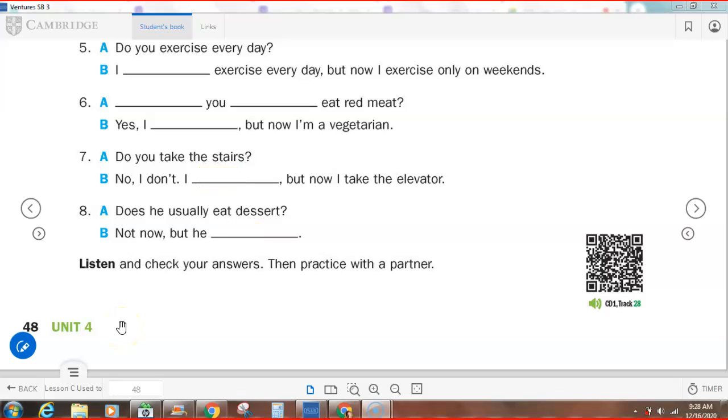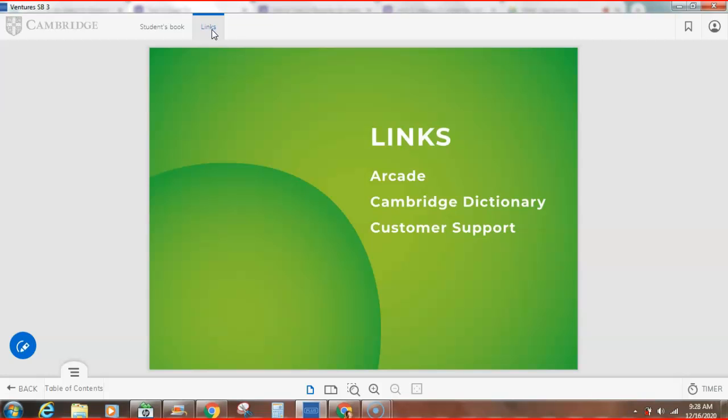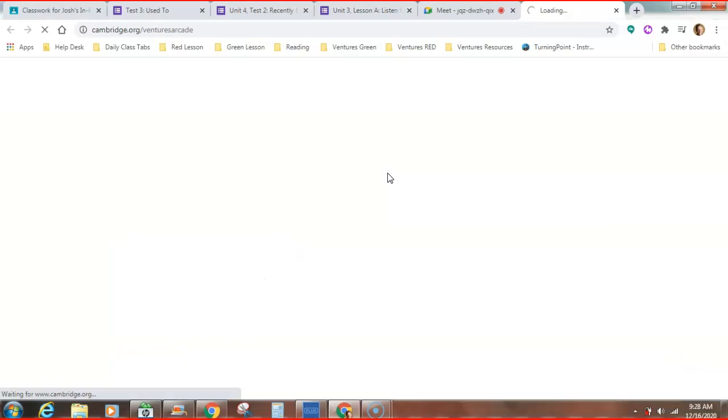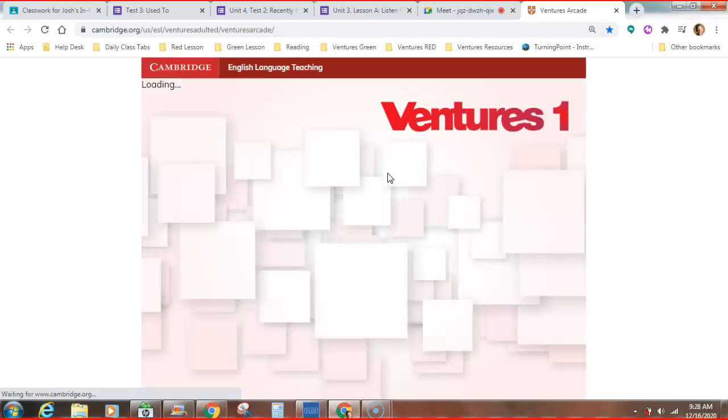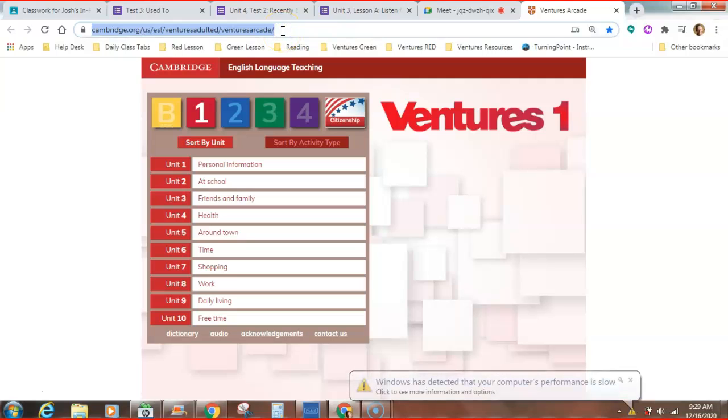All right. Good job. The last thing I'd like to show you guys is the arcade tool. It's kind of a fun way to review your grammar right before taking the test. So you're just going to come in here to the arcade. You can see the link up top here, cambridge.org.